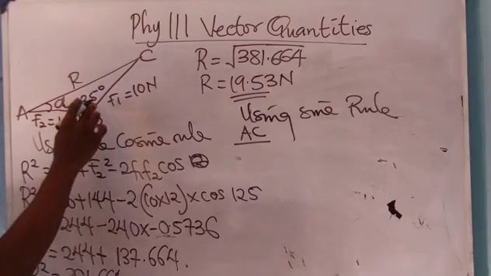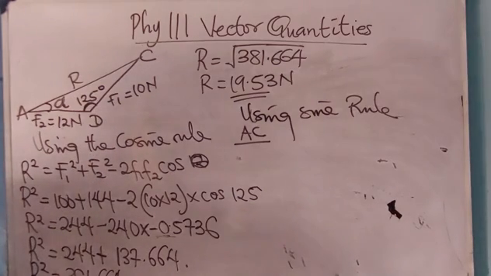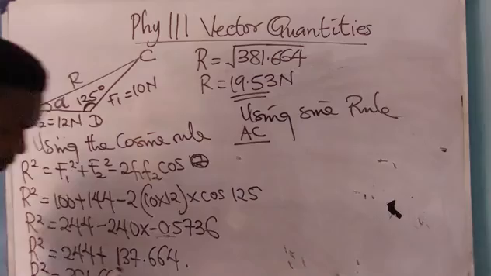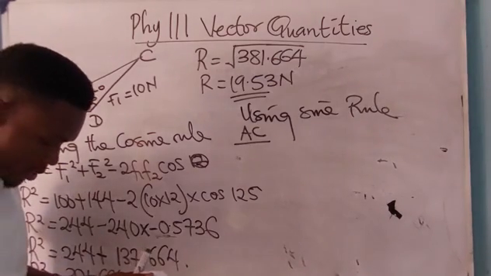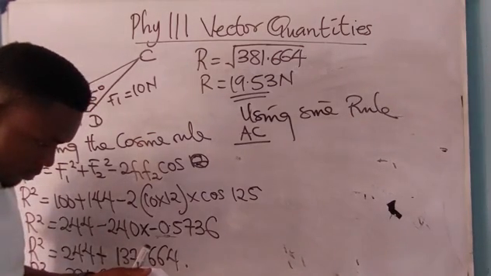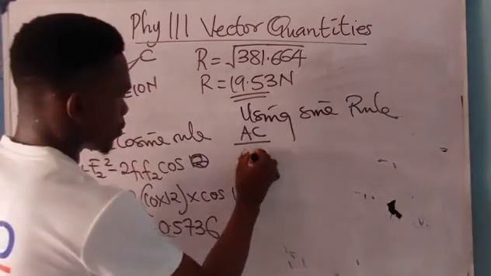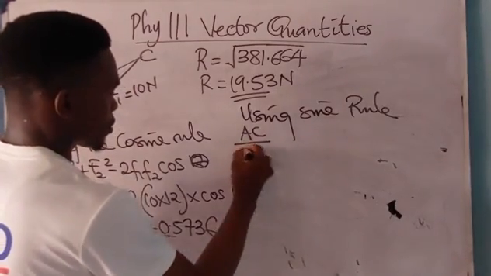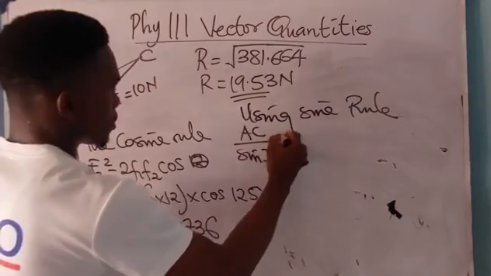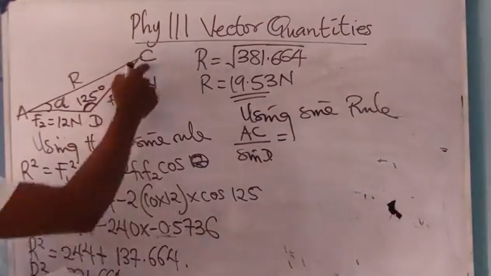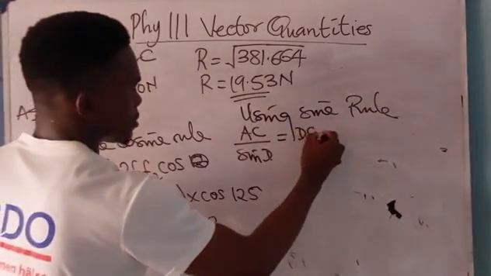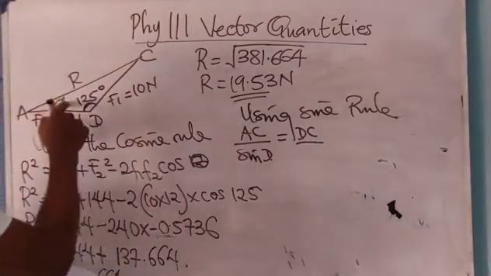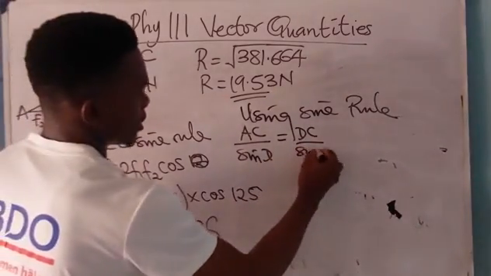This, sine 125. Let me just put it first: sine D equals, then DC. What is the angle facing DC? Is this what? Sine A.